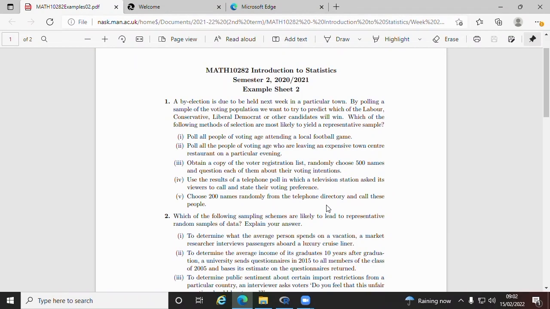Anyone? Any question you find difficult in example sheet 2, that you would particularly like me to walk you through the solution?